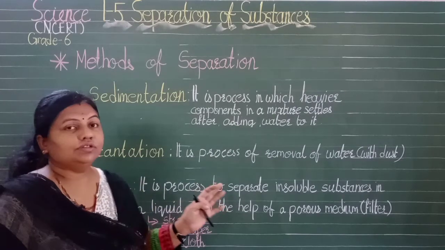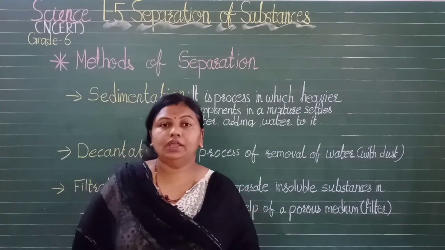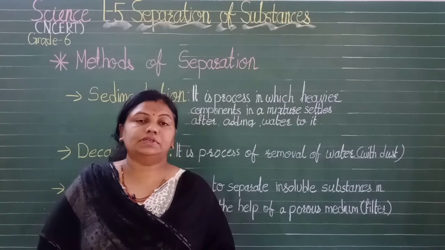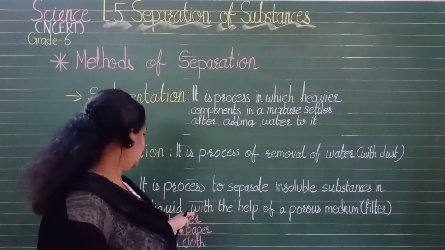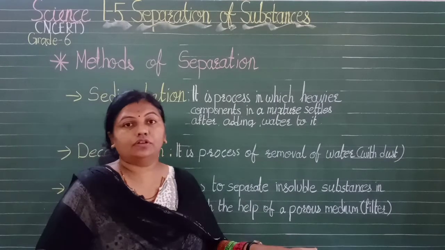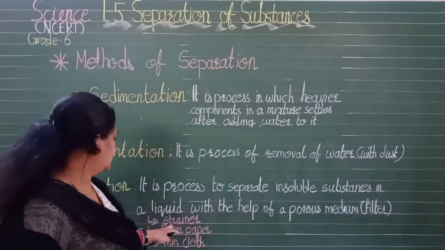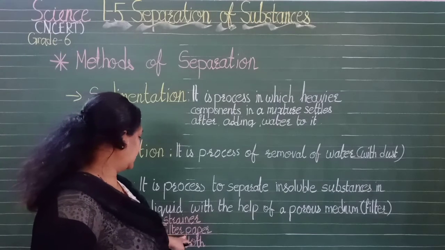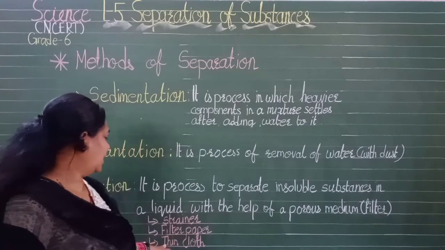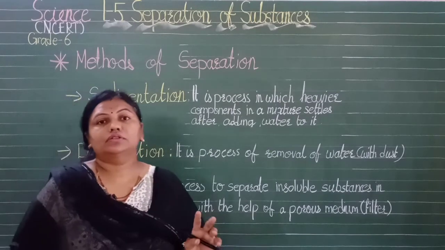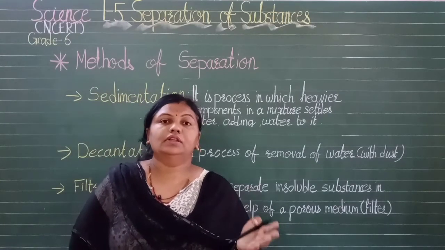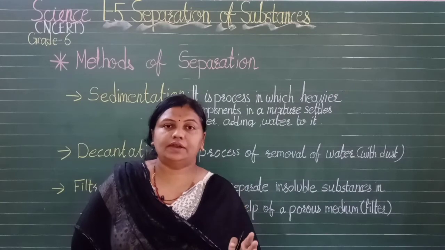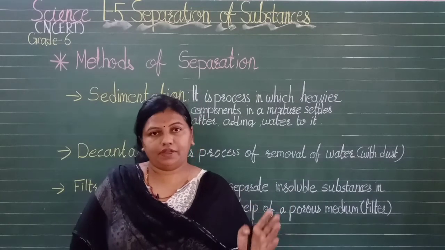It is used for liquids only, when insoluble substances are required to be separated. We have learned three ways for filtration. First is a strainer, then filter paper and thin cloth. Children, the cloth should be thin only, then only can filtration be done with its help.